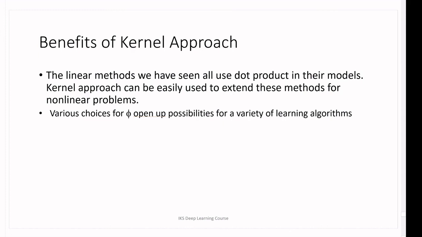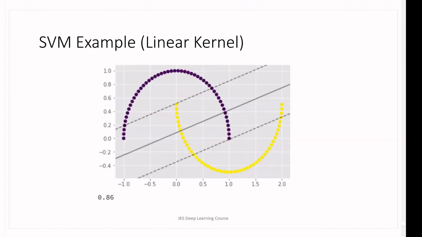All right. So before we conclude on our linear models, I'll show you an example of dealing with nonlinear boundaries using, let's say, a support vector machine. In this case, the data is coming from two classes, yellow and violet, and it's a nonlinear problem.